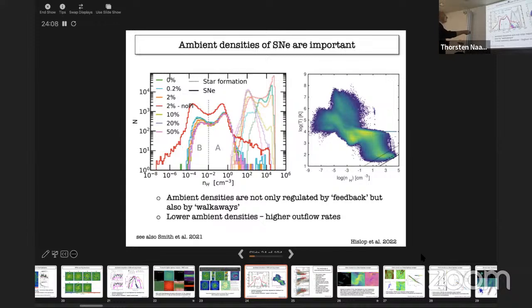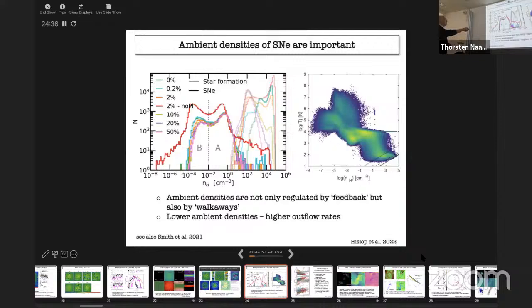With instantaneous formation, this line here, most of the stars form between 10 to the 3 and 10 to the 4 particles per cubic centimeter. So depending on the efficiency, the density at birth can be very different, okay? Now, if you look at the density distribution of the supernova explosions, it's very similar.